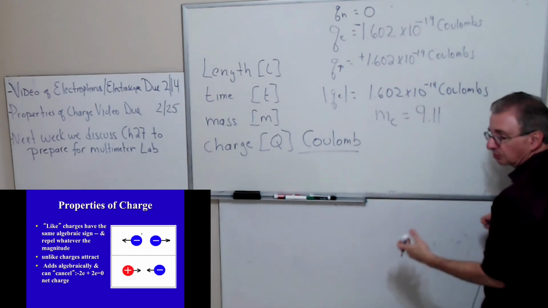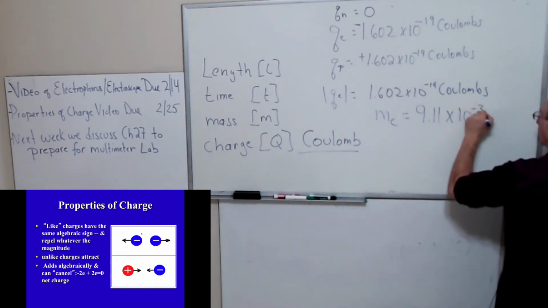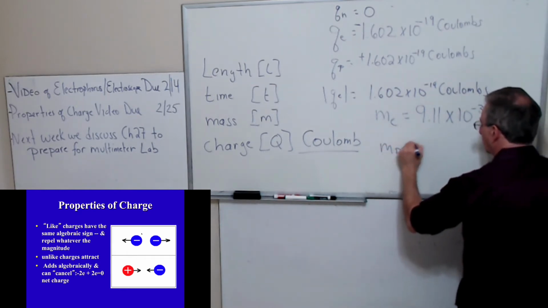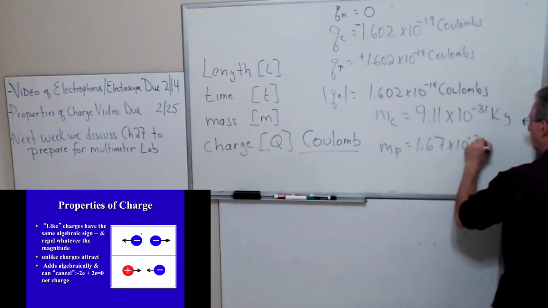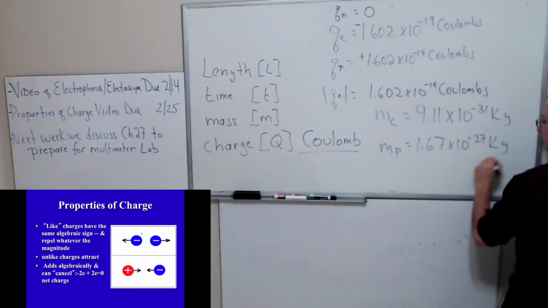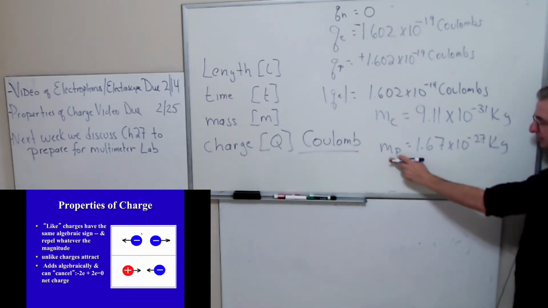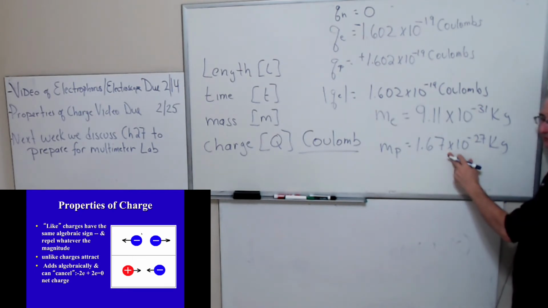Because you don't put these on a scale, you determine them indirectly. So this is the mass of the electron. Notice how small that is, 10 to the minus 31 kilograms. The mass of the proton is of the order 10 to the minus 27 kilograms. The neutron is about the same value.